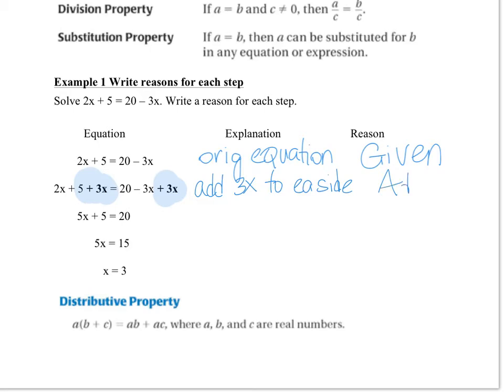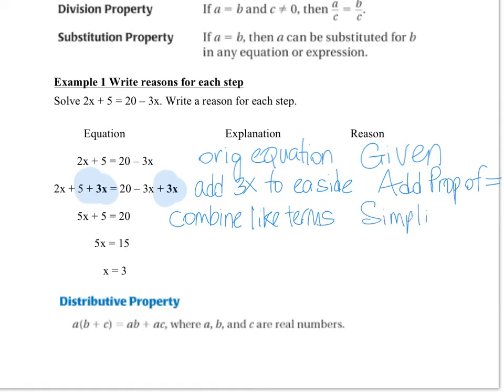Addition property of equality. Then what's happening is you can see that you are combining like terms. That's called, when you combine like terms, simplify.